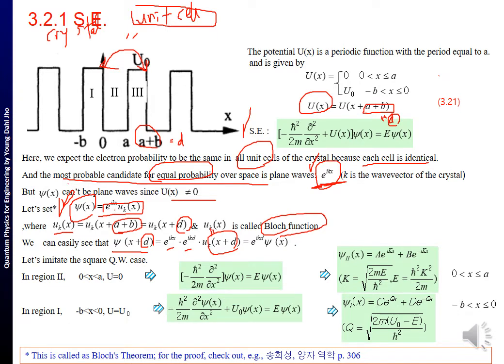So this is just the same as psi(x), except we have an additional phase in the exponential function, e to the ikd.